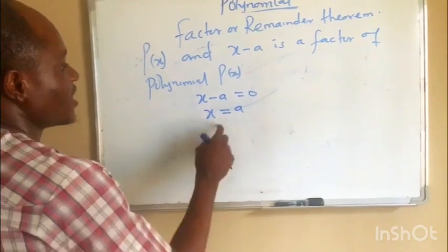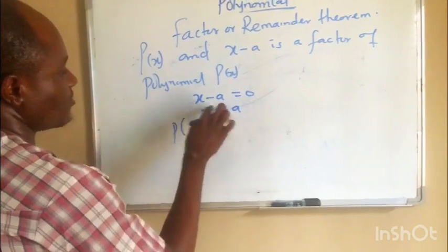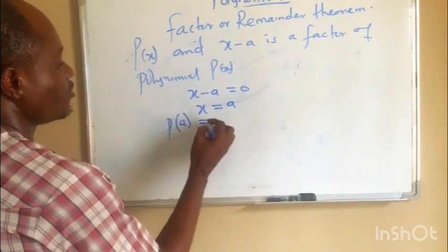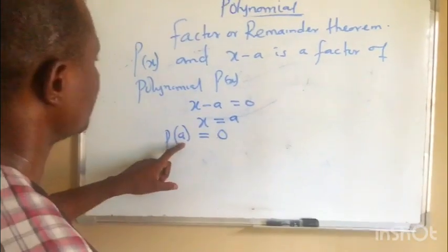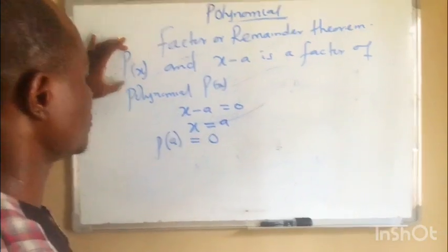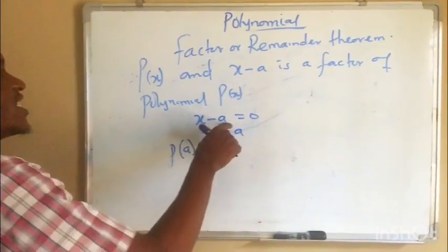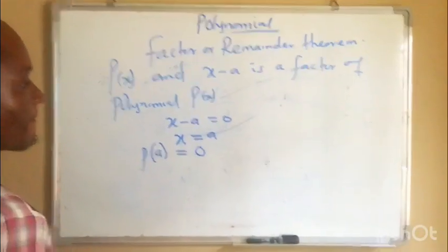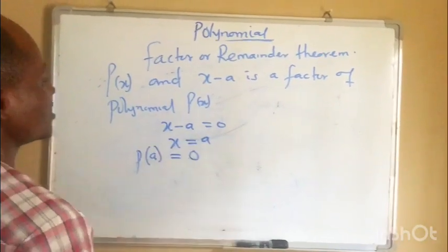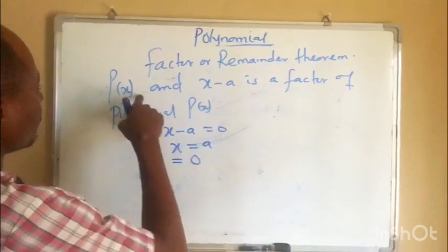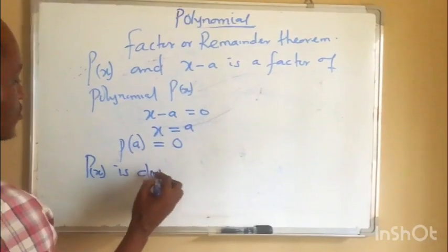Since my x is equal to a, if I come to that polynomial, p of a will be equal to 0. That means if I substitute a into the polynomial p of x, I will get 0. What that is telling me is that x minus a is a factor of this polynomial. Or in another way, they say the polynomial p of x is divisible by x minus a.